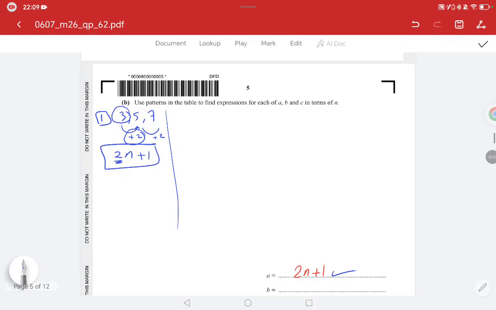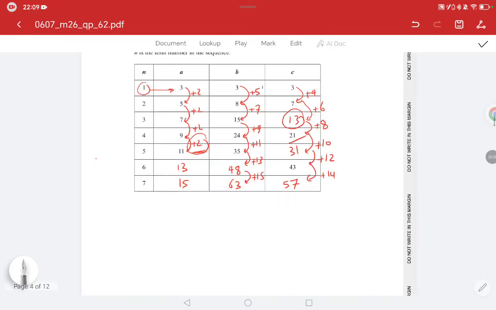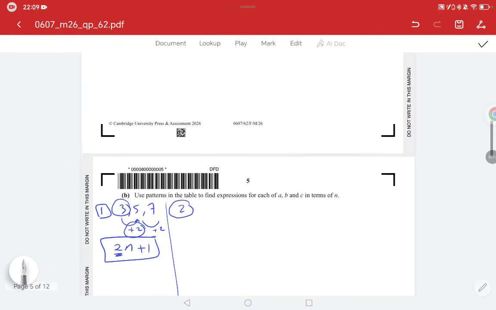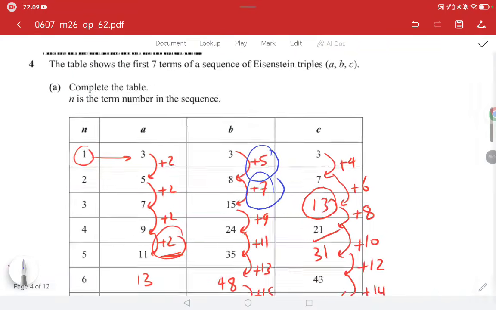Next one, we have plus 5, plus 7, but the first difference is not the same. When the first difference is not the same, you have to check the second difference.